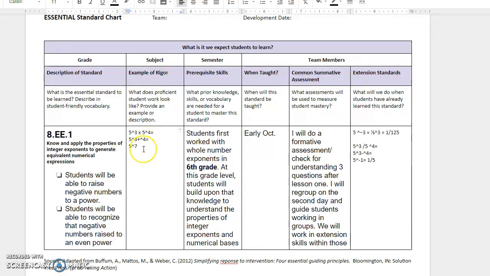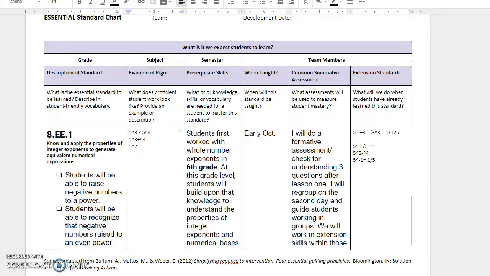So that equals, when we break that out, 5 to the square root of 7. That would be one example of a formula of rigor that I would expect every student to know. Okay? And then as you go through, you could put more formulas in, or you may have a document or a sample lesson plan that you already plan to use with examples of rigor on there. So feel free to link that into this column as you work through those.